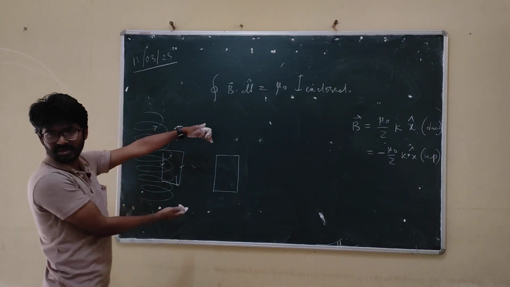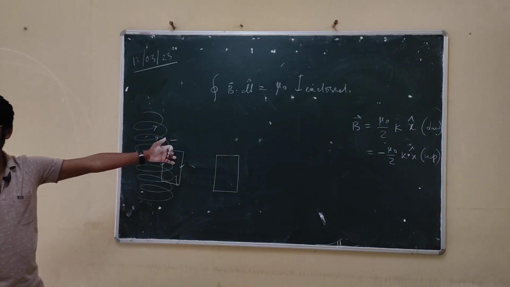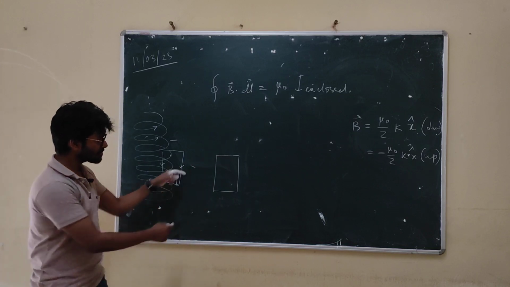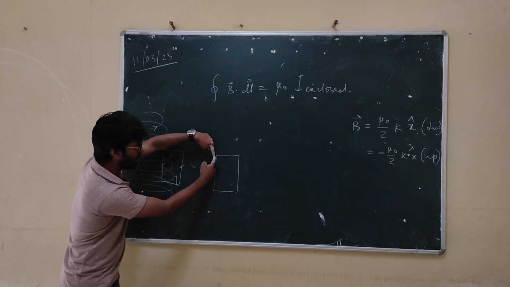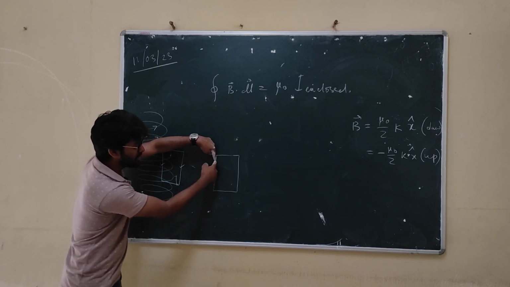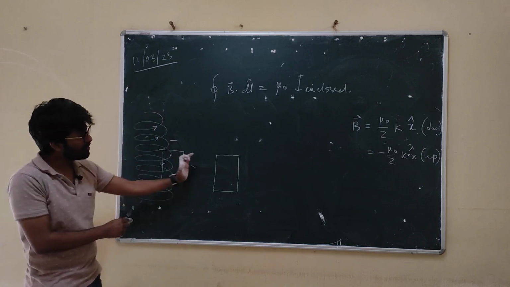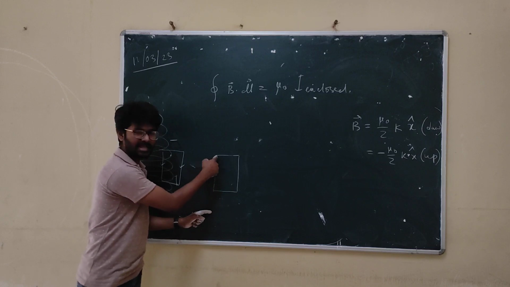Outside. This is still symmetric. Just there is no current inside. Right? But look at this line. For the whole length, B will be constant here. At least this is true. So whatever the magnetic field here is, it will be the same throughout this length.